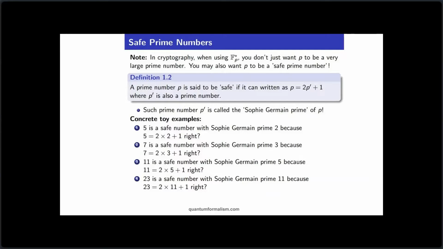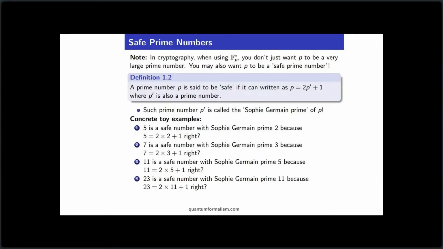Another thing I want to add here: in cryptography, when you use the field Fp, or in our case, we are interested in groups, when you use Fp star, you generally don't just want a very large prime number. Actually, you also want something else.